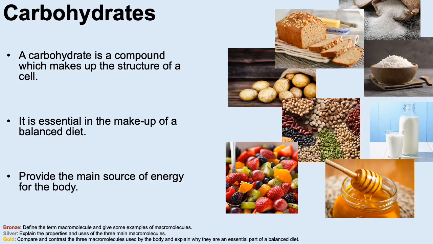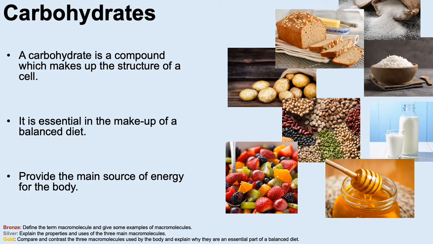Okay, so carbohydrates. A carbohydrate is a compound which makes up the structure of a cell. So it is essential in the makeup of a balanced diet, and it also provides the main source of energy for the body. Proteins and lipids also provide energy for the body, but they're not as easy to break down as a carbohydrate.